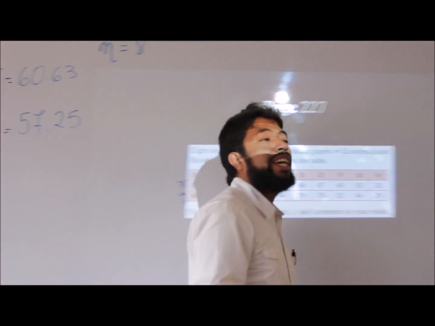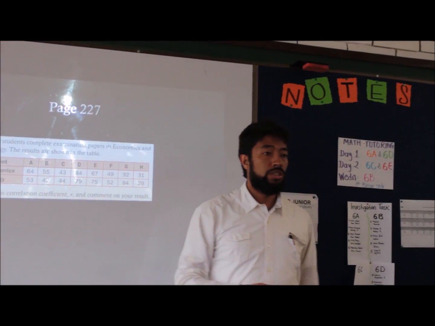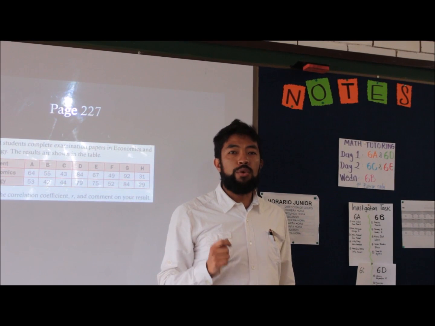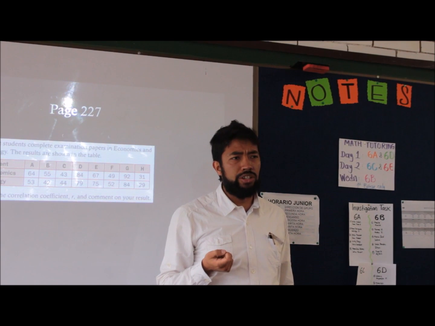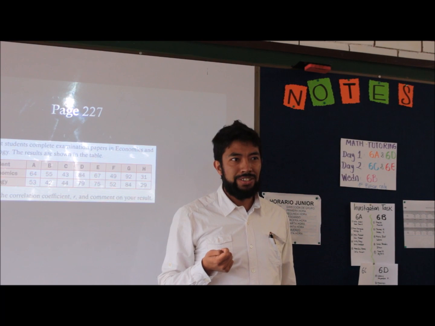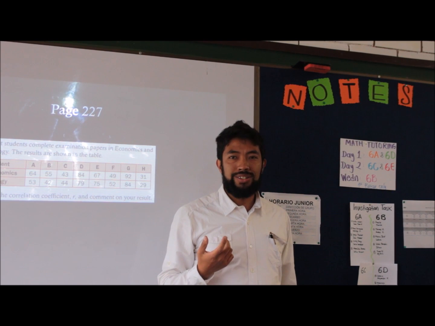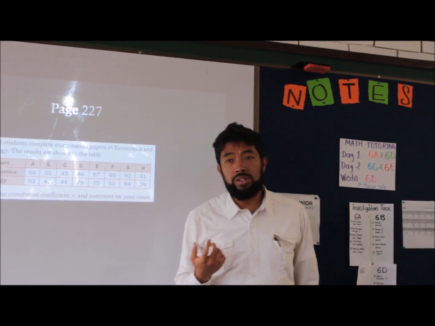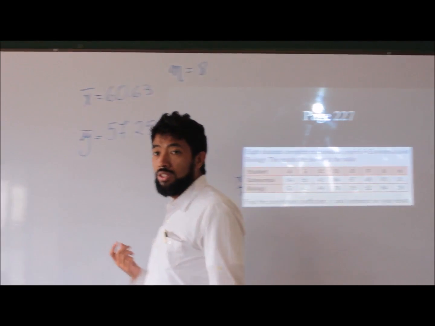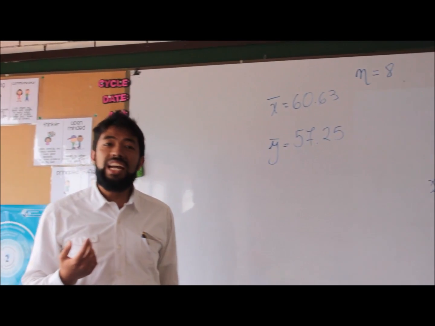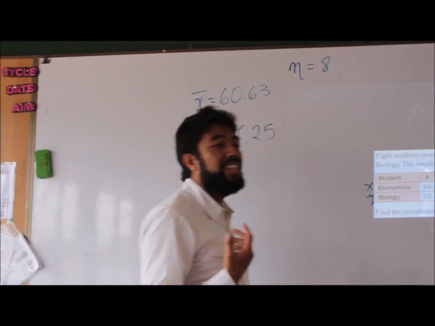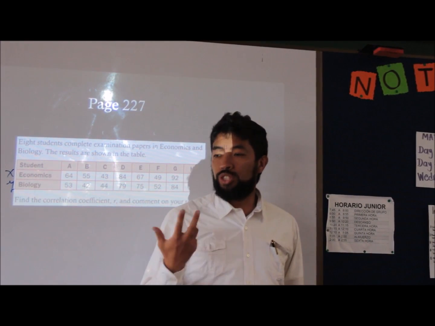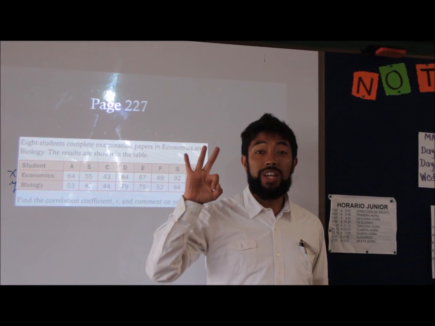Can anybody remind us why we are going to use 4 significant figures? But why? You remember? At the end, how many significant figures will you use in the answer? 3.